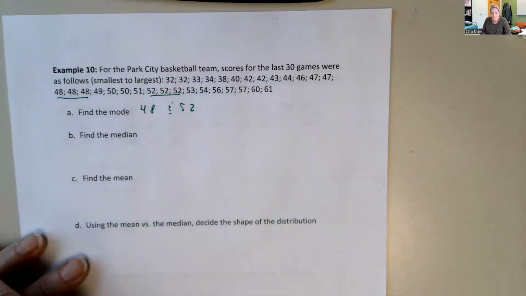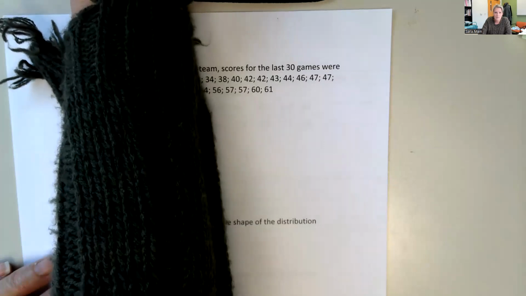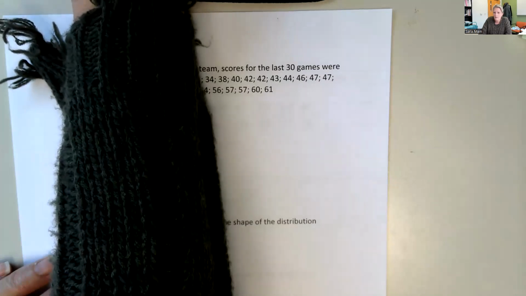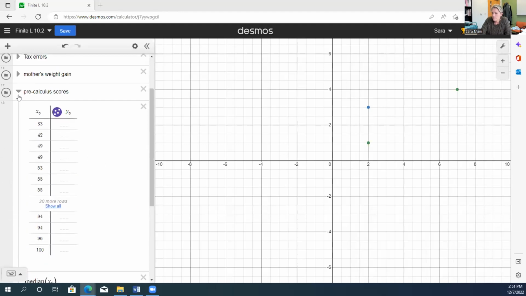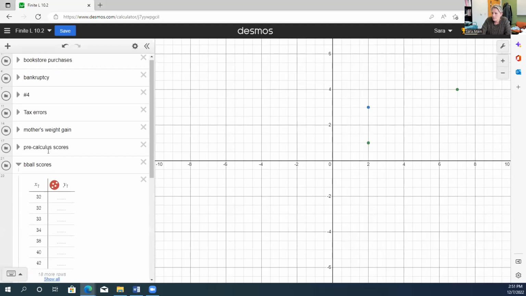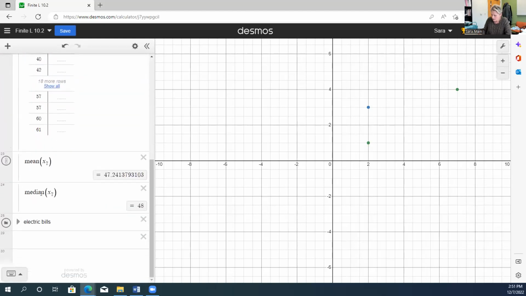And if we were to find the median and mean, we'll do that in Desmos. So we're going to go ahead and look at the scores in Desmos here. If we look at the mean and the median, it looks like the mean is 47.24 and the median is 48.